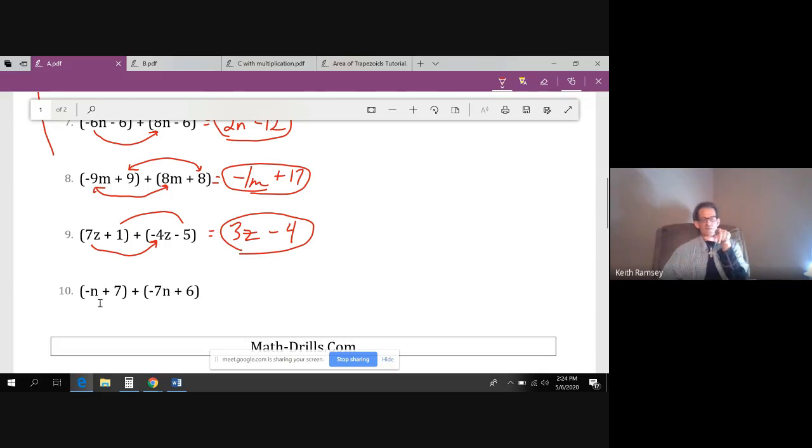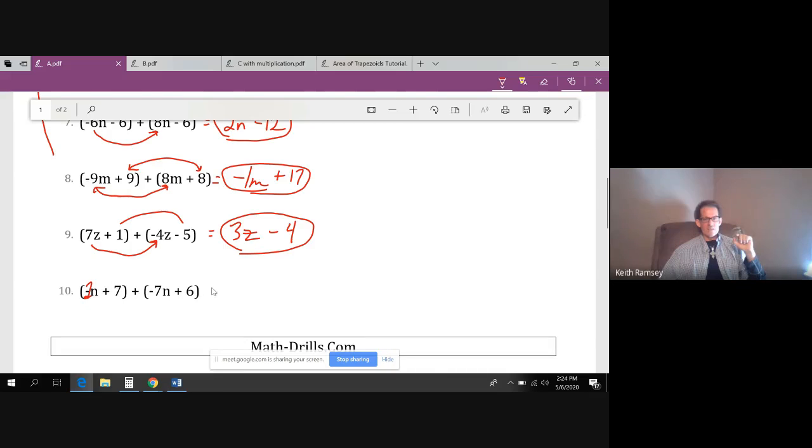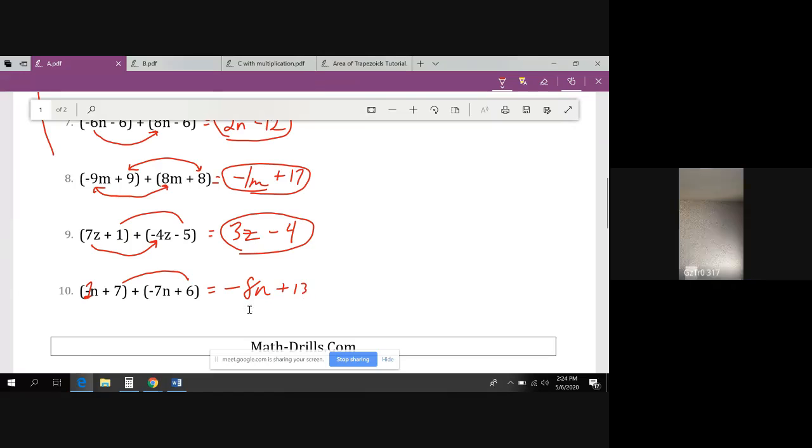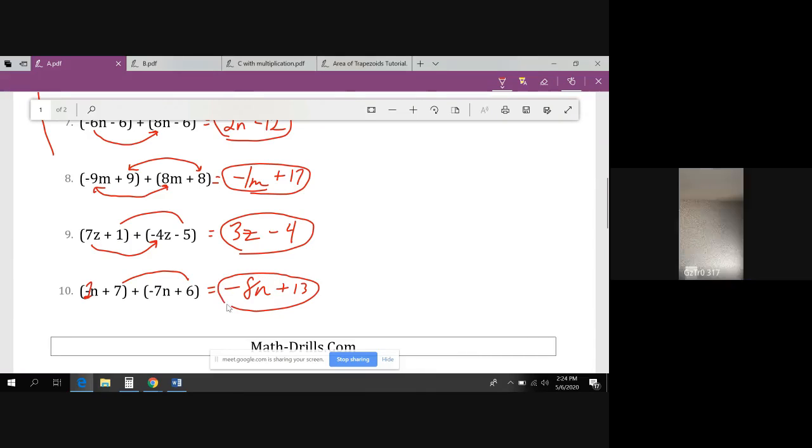Now remember what I said, if there's nothing in front of this n, it's like there's an imaginary 1 there. So -1 plus -7 is -8n. Then 7 plus 6 is 13. And that's the simplified equation for number 10.